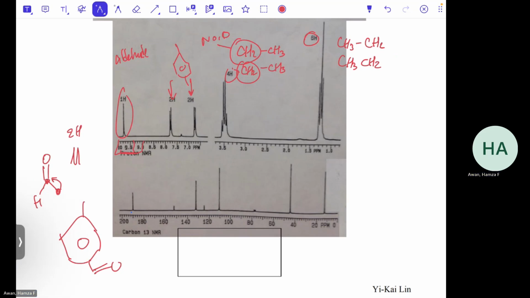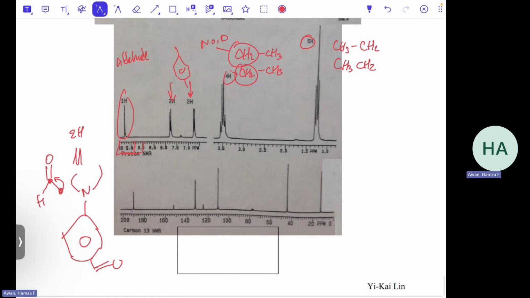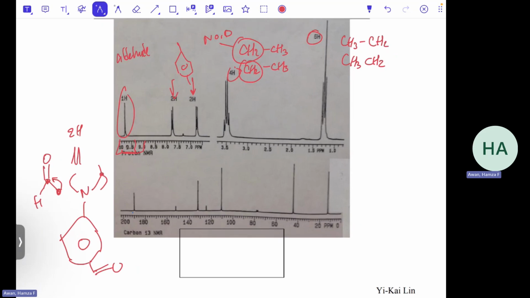So we start with our nitrogen. We can put our diethyls right here like this, and that would make sense because our CH2 is looking at our electronegative atom, nitrogen, and is also looking at 3 hydrogens, giving it the quartet right here.